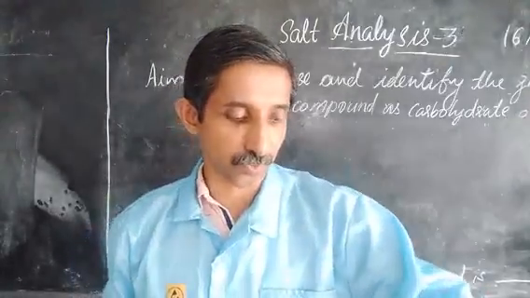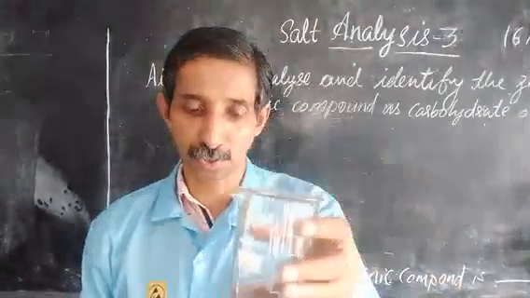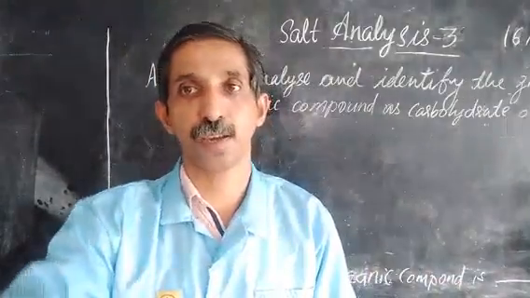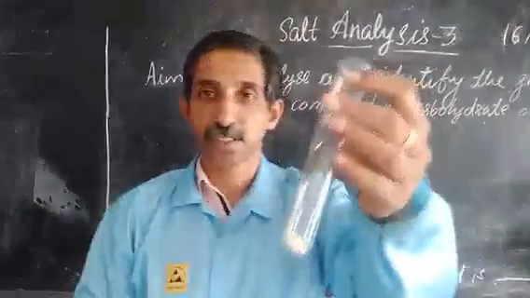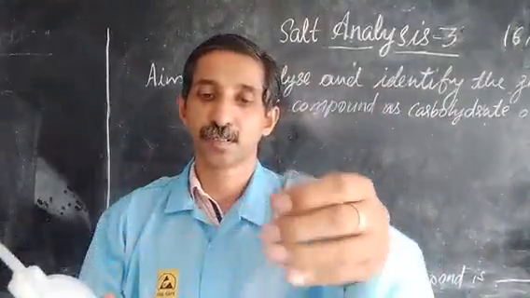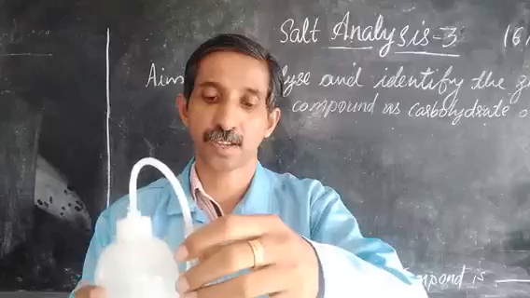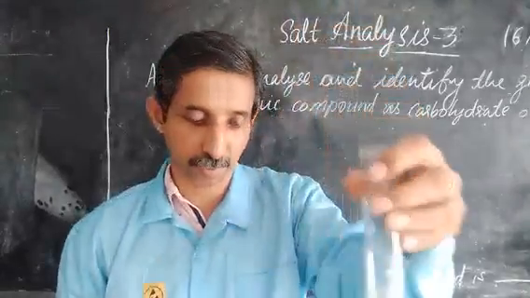So we have the alpha naphthol solution here, and I'm going to take the organic compound so that this can be added to that. This time also you need to take a solution of the organic compound, as it is readily soluble. Just adding water will be enough. We have prepared a solution of the organic compound.